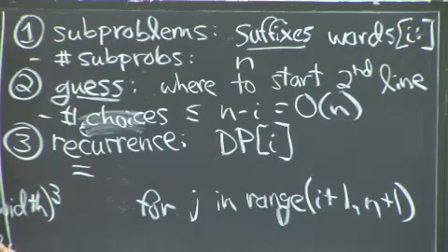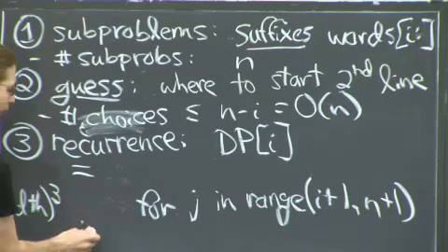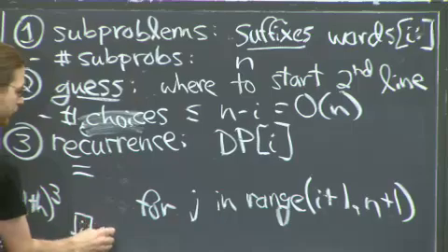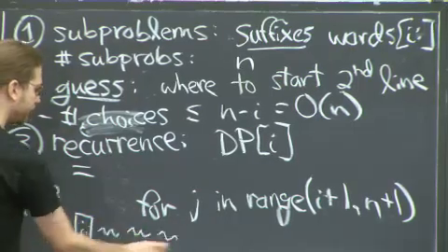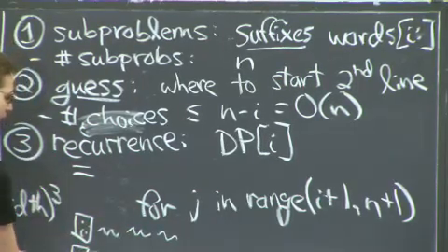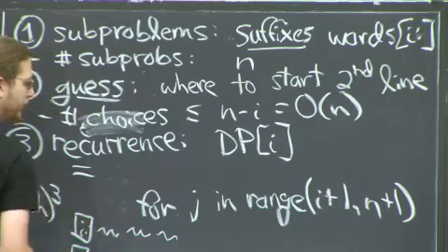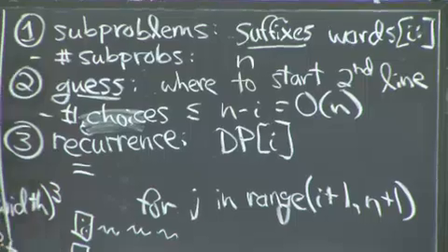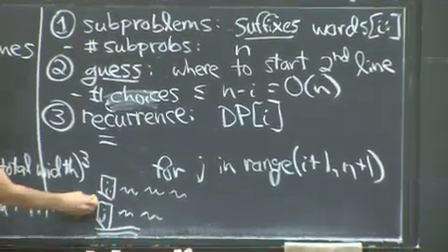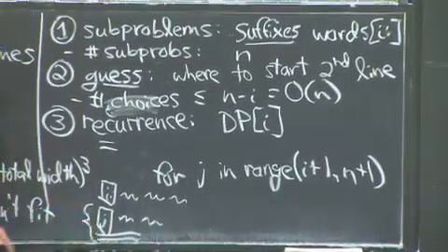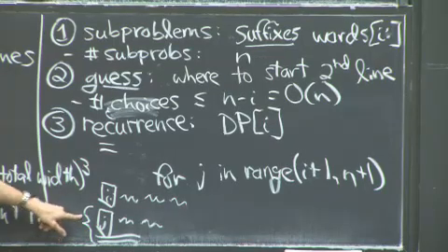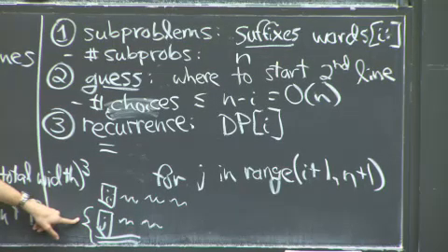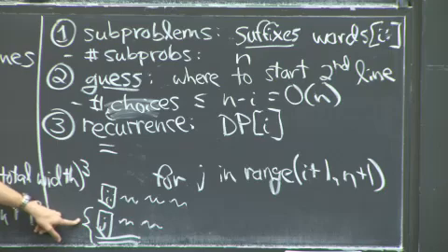I have word I as the first word of the first line, and then word J is the first word of the second line. And then there's more stuff down below. I don't know what that is. But how can I use recursion to specify this? dp of j.